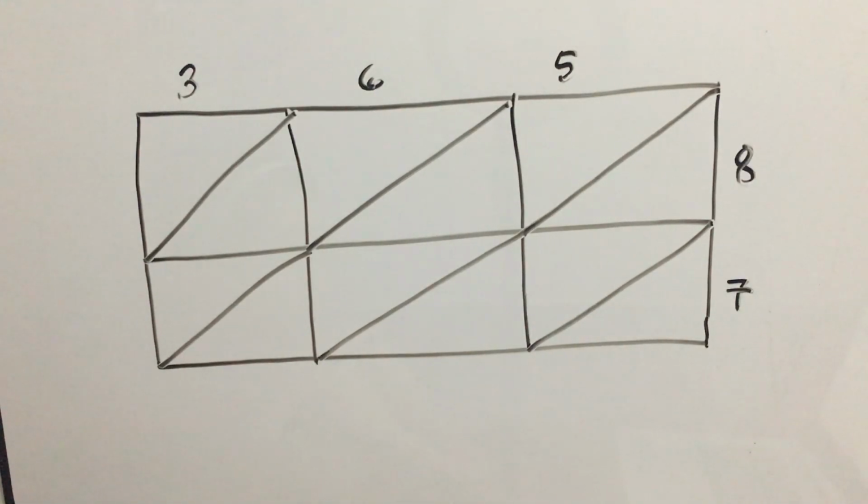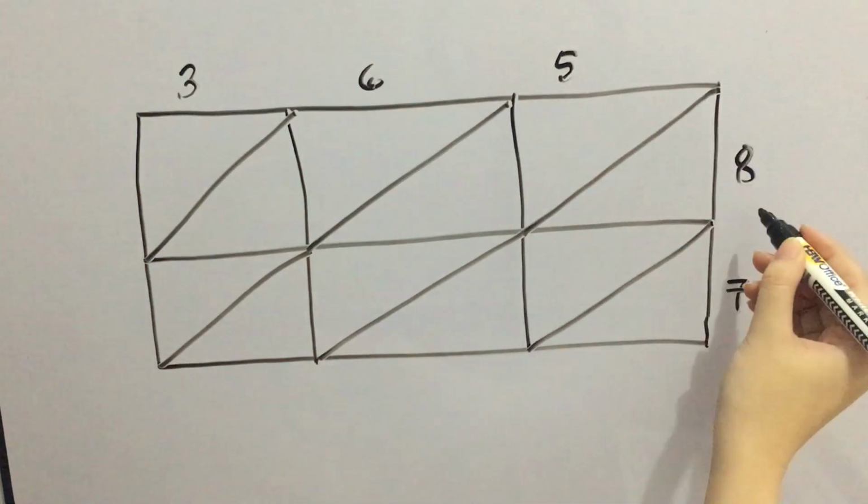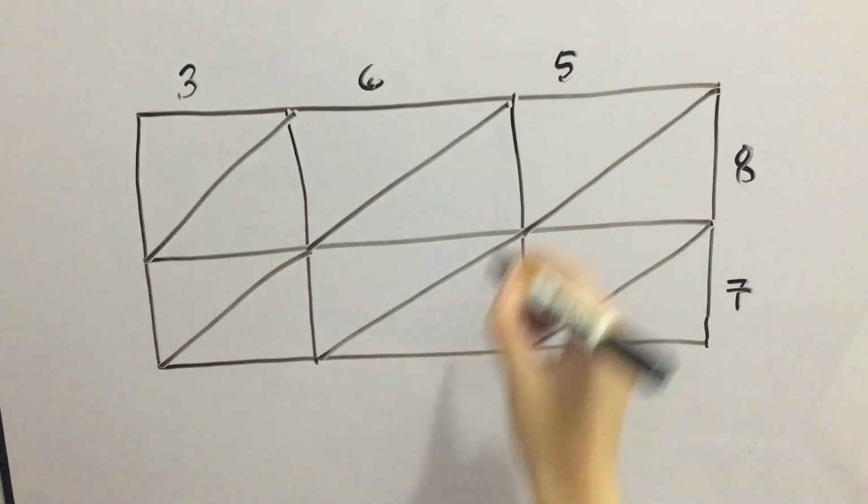For step 2, multiply the second factor by the first factor. Write each answer inside the square where the digits being multiplied meet. Place the tens place on the upper part of the diagonal and the ones place on the lower part of the diagonal. 5 times 8 equals 40.